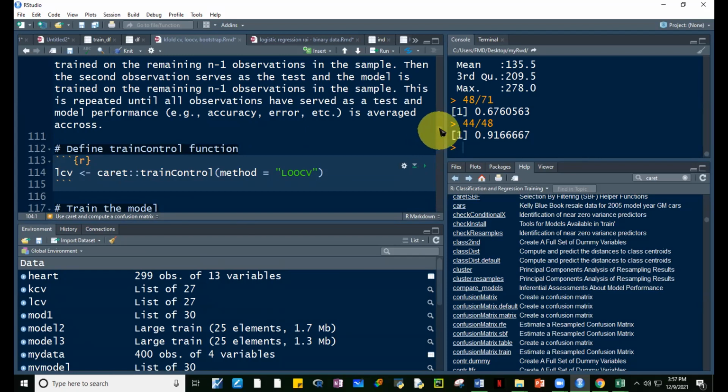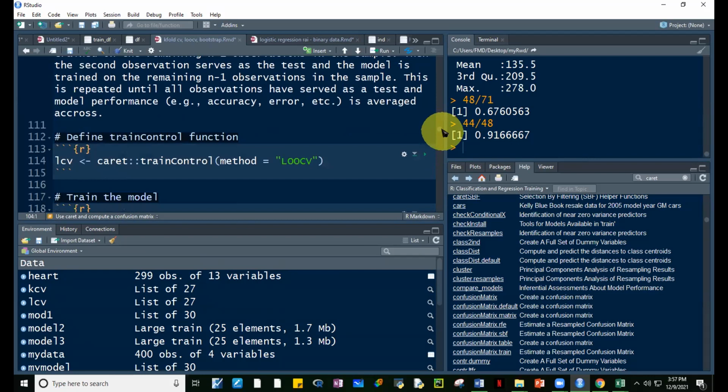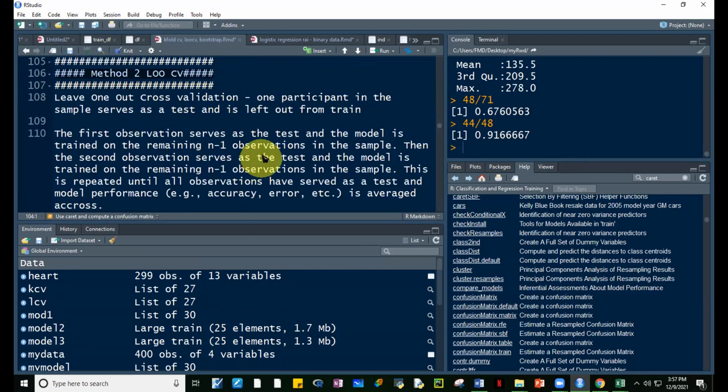That will be our test data. Okay, so sige, let's create that, guys. Okay, may mga caveat lang tayo dito, no? The first observation serves as a test and the model is trained on the remaining n-1. So as I said a while ago, yung first observation, that will be our test data. Observation number 2 hanggang 299, they will be our trained data.